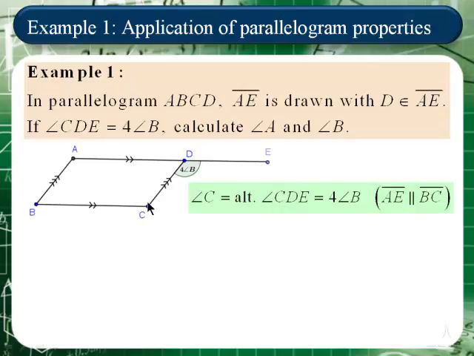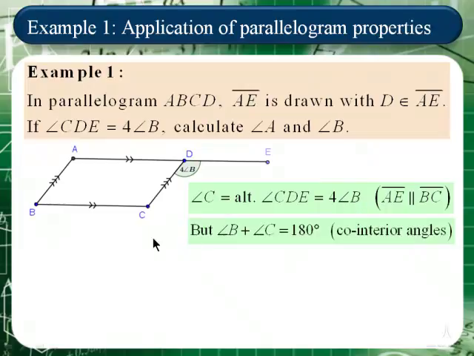Now firstly, angle C here is alternate to angle CDE, and therefore, because angle CDE is 4B, we can say that angle C is equal to 4 times angle B. But angle B plus angle C being co-interior angles, and of course we know that AB is parallel to CD, so the sum of these two co-interior angles must be 180 degrees.